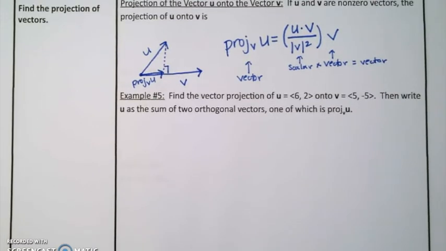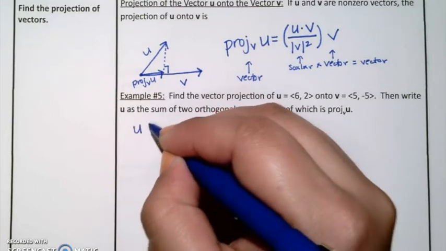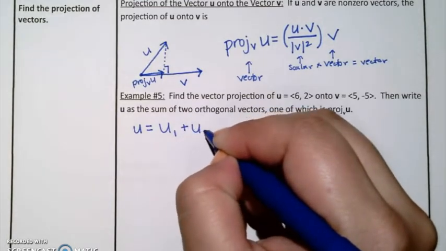All right, so let's see if we can use this in example 5. We want to find the vector projection of u onto v and then write u as the sum of two orthogonal vectors, one of which is the projection onto v of u. Okay, so first we want to realize that our end goal is to write u as the sum of two vectors. So let's call them u1 plus u2.